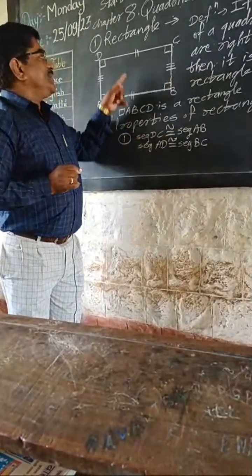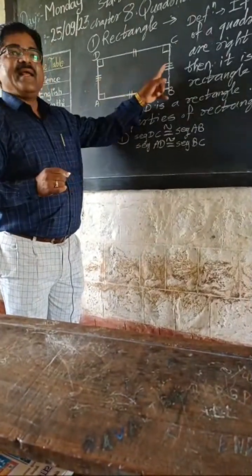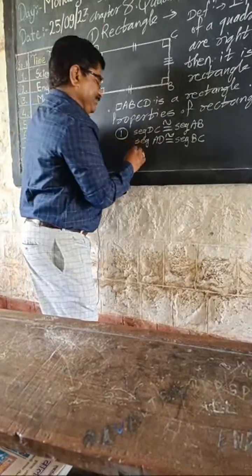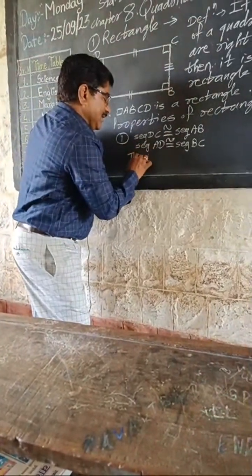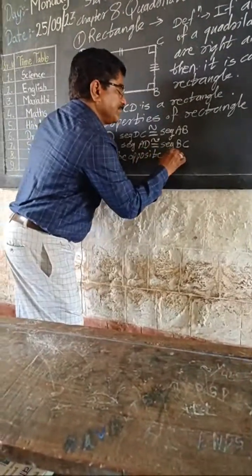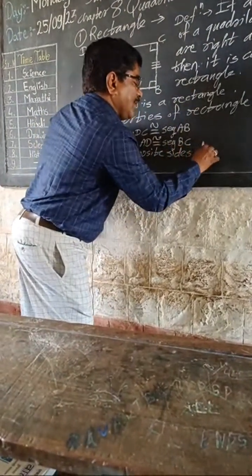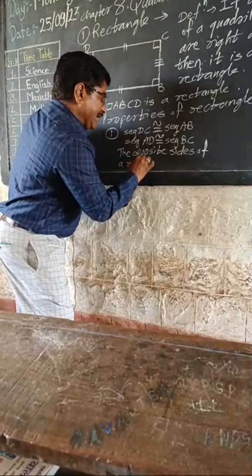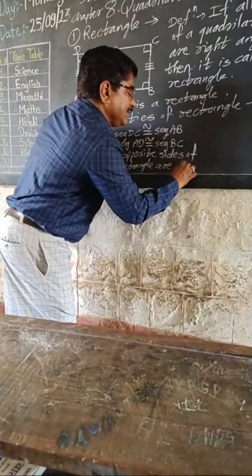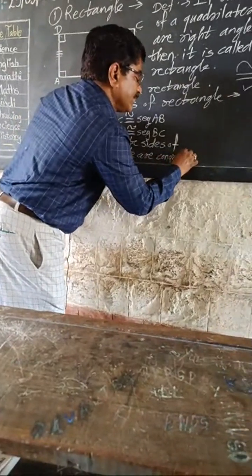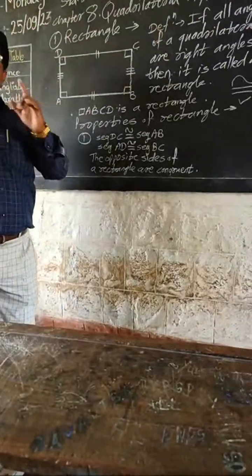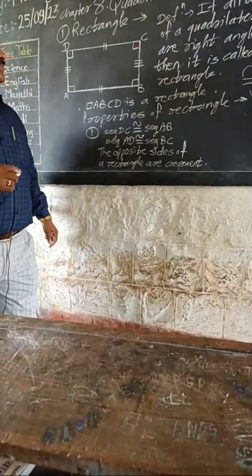Opposite sides of a rectangle are congruent. That is the first property.